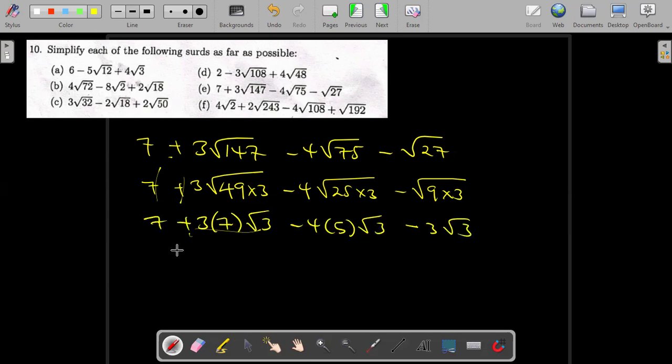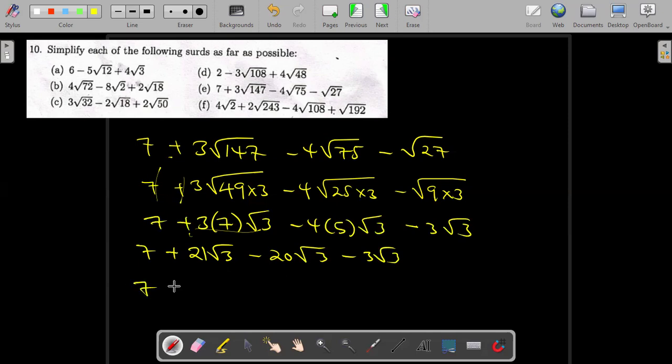And you get 7. Multiply 3 by 7 gives you 21. So that'll be 21 root 3. Then 4 by 5 gives you 20. Then you have root 3 there. Then minus 3 root 3. So here you add, you see that this gives you negative 20.